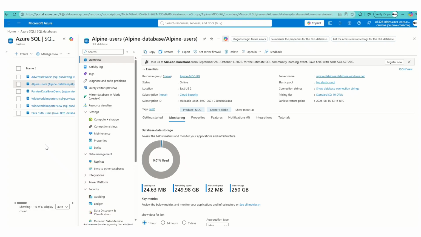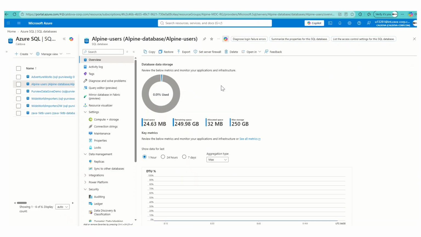Anyway, the first task here is to describe the Azure SQL auditing capabilities and select appropriate audit action groups. So here you see the essentials of this database.